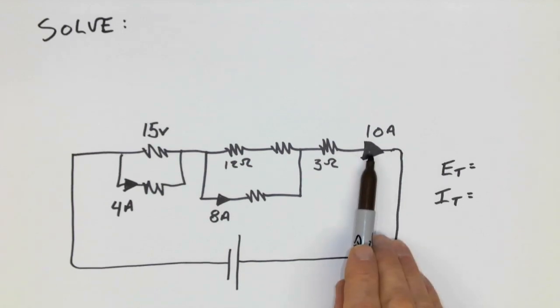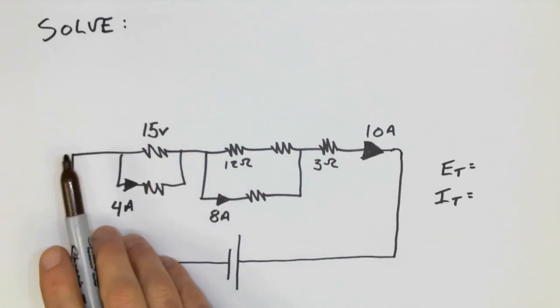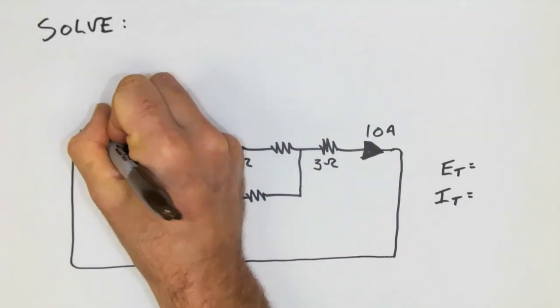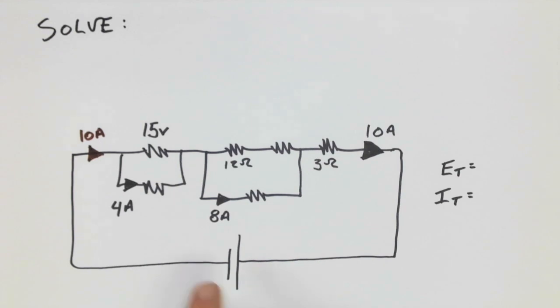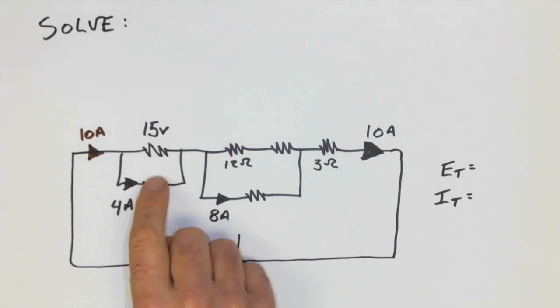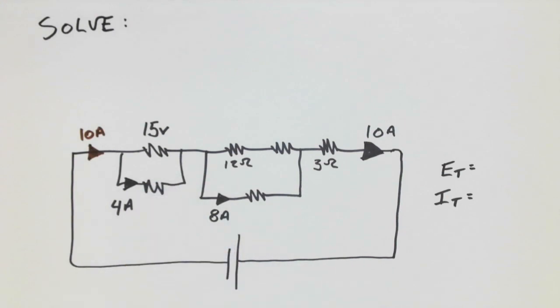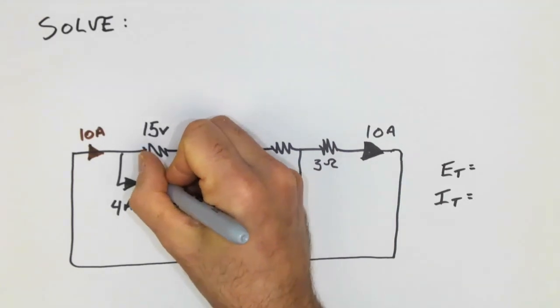So if there's 10 amps here, it's safe to assume that there is 10 amps on this side. If there's 15 volts here, it's safe to assume that there is 15 volts across the 4 amp resistor. So there would be 15 volts here.